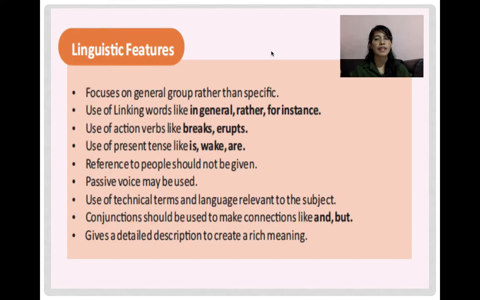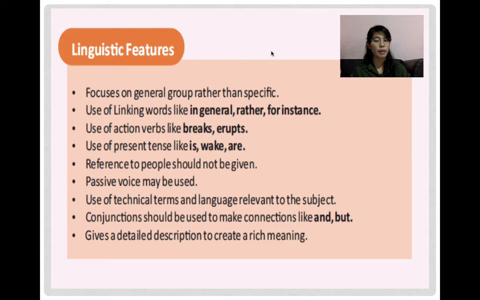So now let's see the linguistic features. Focus on the general group rather than specific. Use of linking words like in general, rather, and for instance. Use of action verbs like breaks and arose. Use of present tense like is, was, and are. Reference to people should not be given.